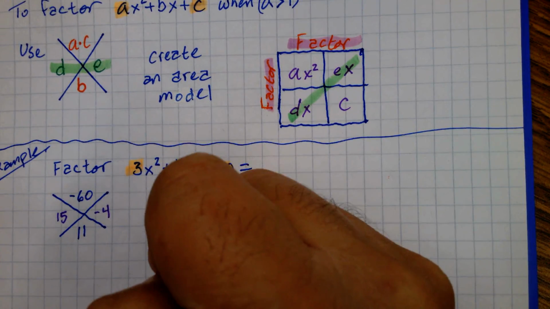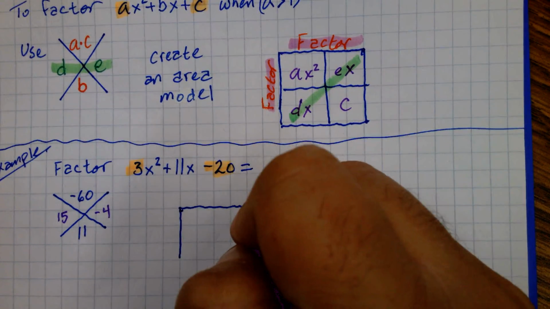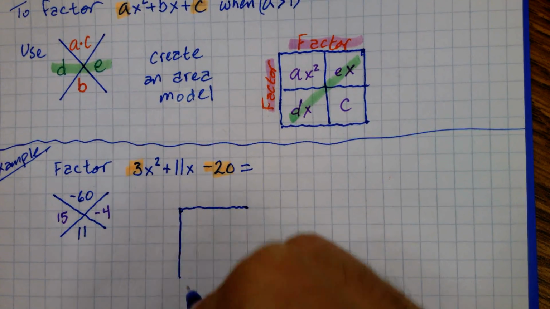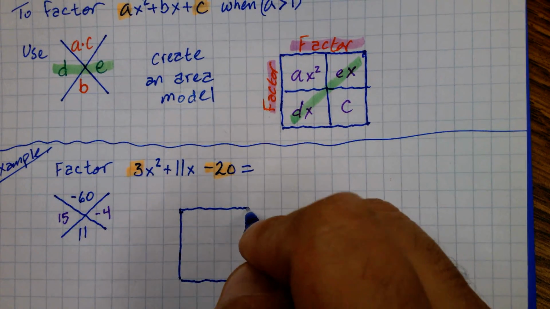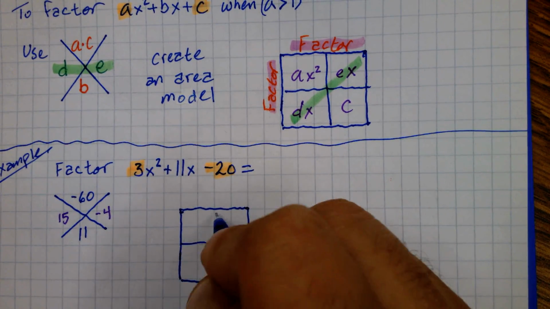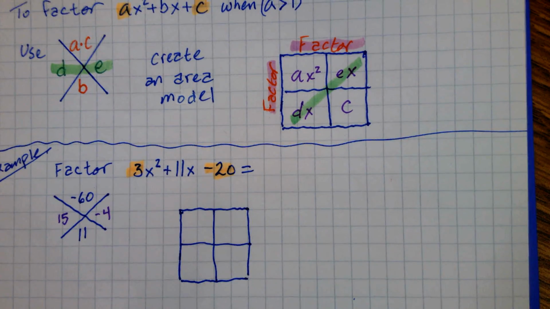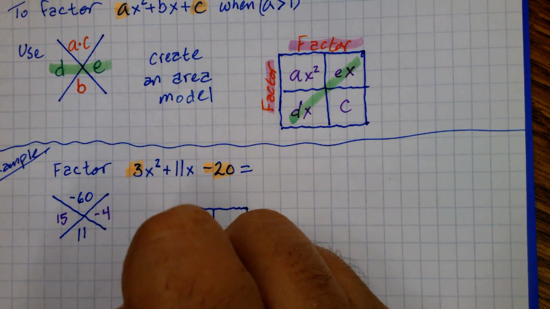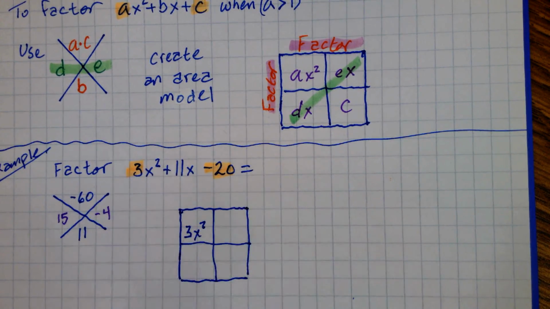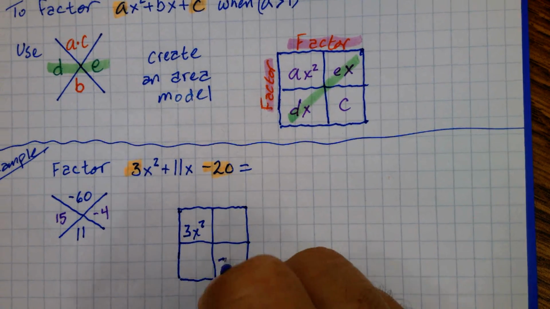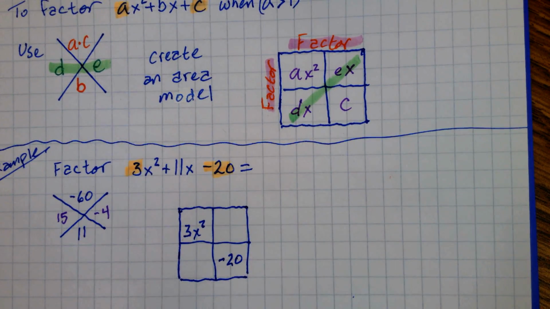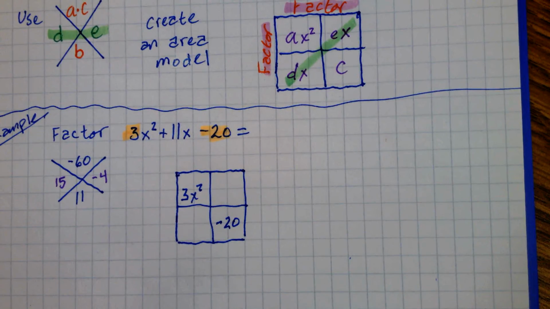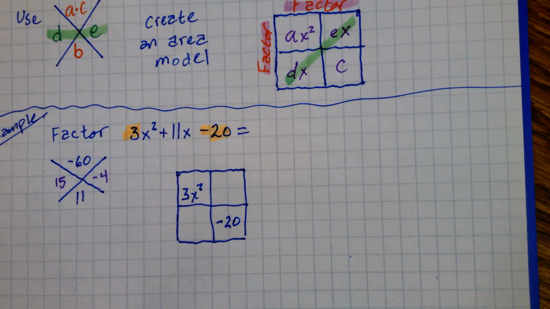Okay. So now let's fill in the inside of the box. I'm going to do that here. So I'm going to put 3x squared here. Negative 20 goes here. Okay, I'm just grabbing those numbers, put them there.